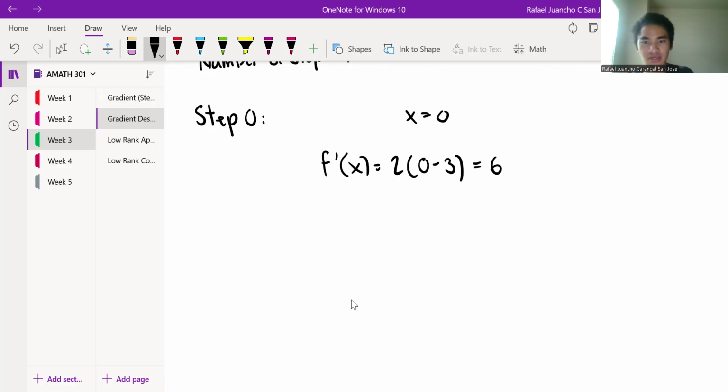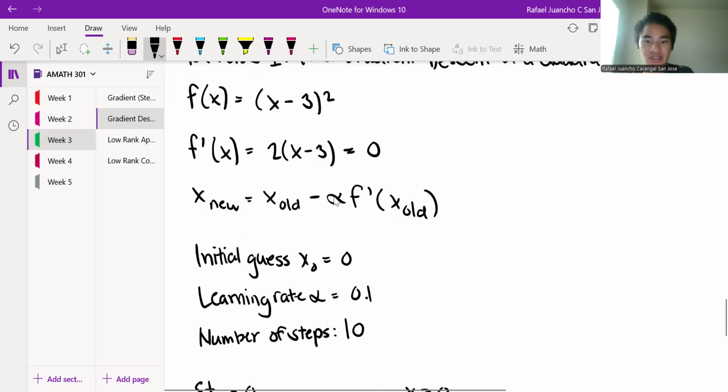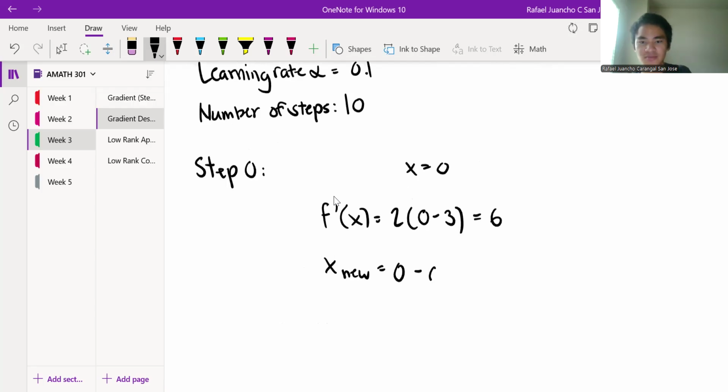And then we see here that's my derivative, minus 6. So here we have an x. Now we use that new. So our x new is, what's our x? 0, right? What's our learning rate? 0.1. What's our function? 6.